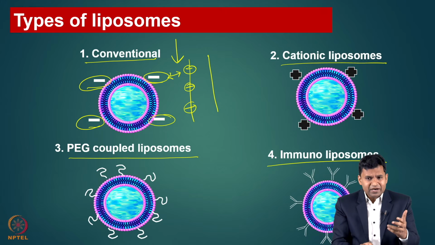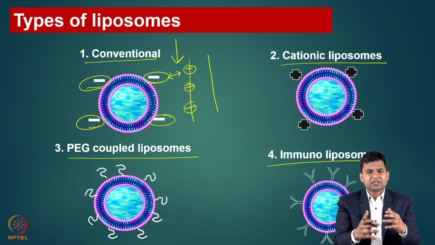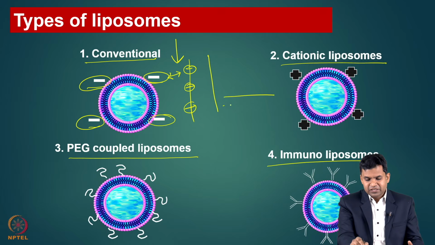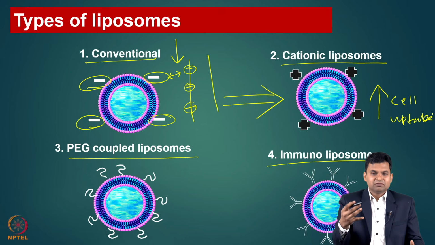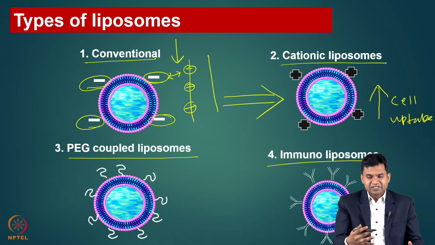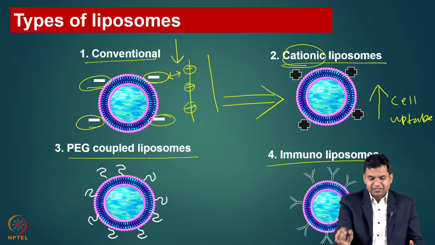To avoid this, these conventional carriers must be converted into cationic ones to enhance the cell uptake in the body. That is why scientists discovered the cationic lipids. They modified the structure by adding amino groups into the lipid structure, which shows the cationic charge.